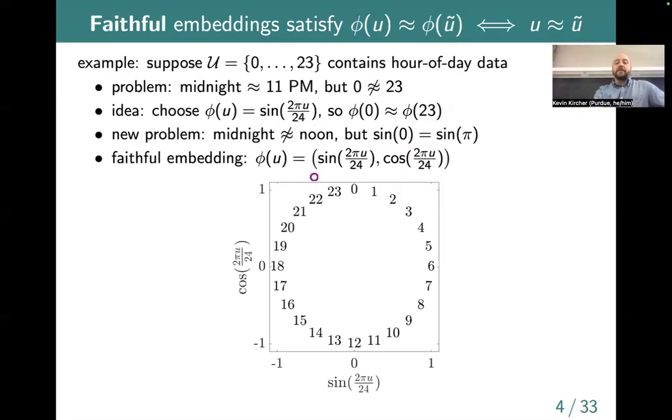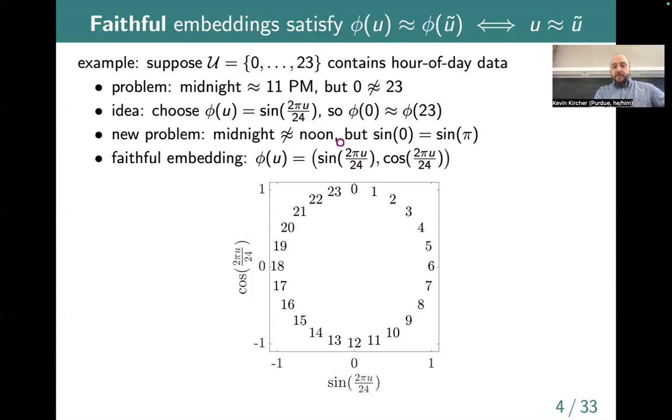A way to resolve that would be to use an embedding that increases the dimension. We go from having a scalar input in this set U, just one number, to having a vector, which would be the sine and the cosine with the appropriate adjustment for a 24-hour period. Let's see what that looks like.